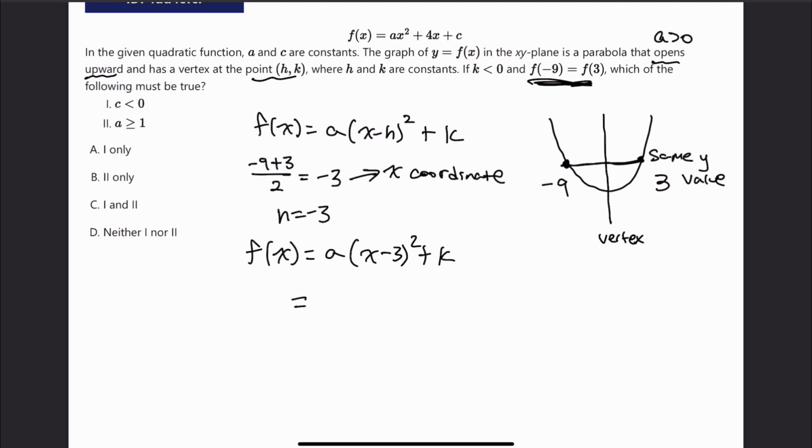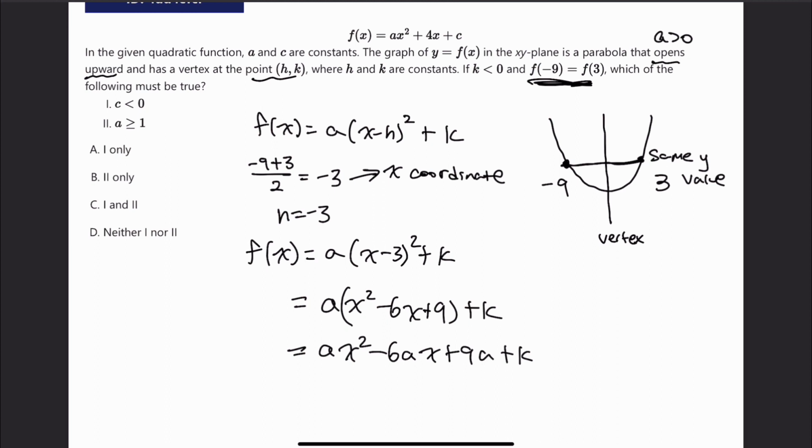And if we expand this, we get ax squared minus 6ax plus 9a plus k. And we know that, oh, this is supposed to be all plus because since h is negative 3, it has to be x plus 3 in order for x to be negative 3. My bad.